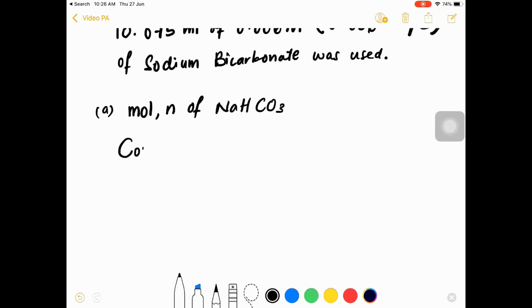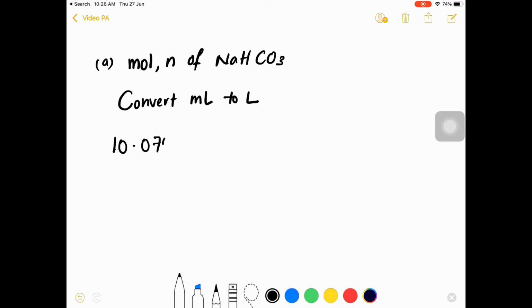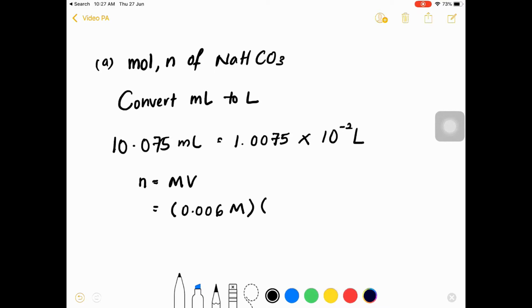First, we convert the ml to liters, and we got 1.0075 times 10 to the power of negative 2 liters. And we found the mole of sodium bicarbonate, which is 6.045 times 10 to the power of negative 5 mole.